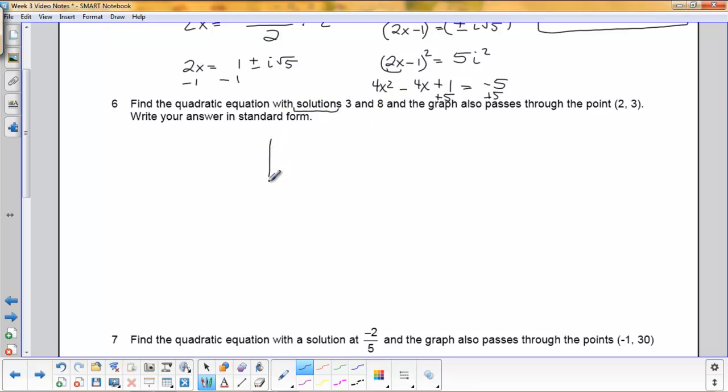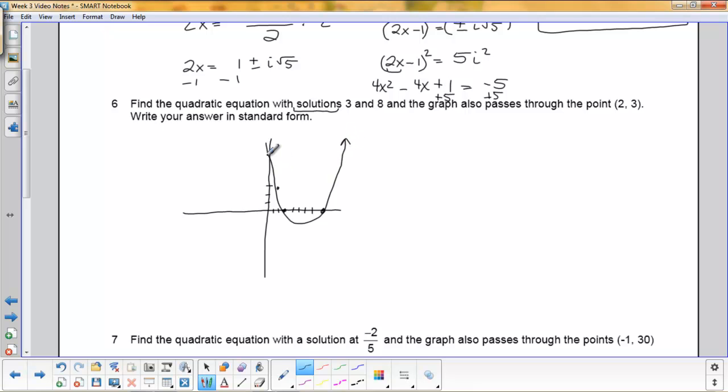All right, so if I were to graph this, solutions 3 and 8 means that 1, 2, 3, 4, 5, 6, 7, 8. So there's 3 and there's 8. And then I've got a point 2, 3, which is somewhere on the graph, 1, 2, 3 here.